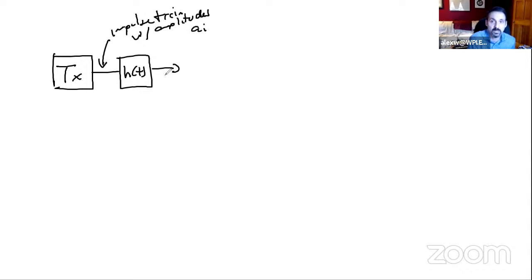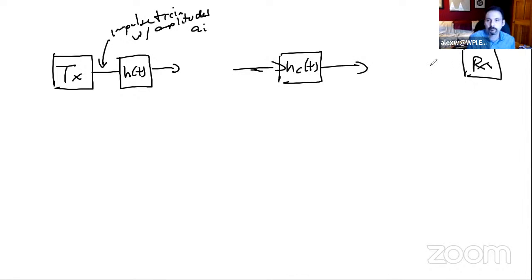This here is going to be the resulting line code, or PAM, or whatever you want to call it. Channel, okay? And then the receiver, RX.